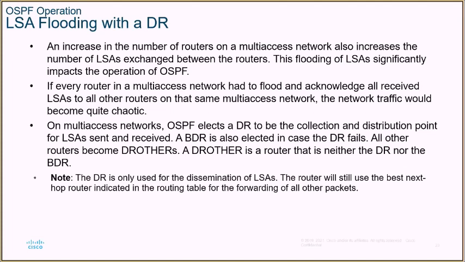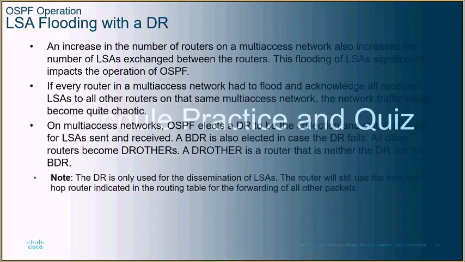The DR is only used for the dissemination of LSAs. The router will still use the best next hop indicated in the routing table for forwarding normal packets. So it's only about OSPF communication that the DR and BDR affect anything. It just makes OSPF communication more efficient.